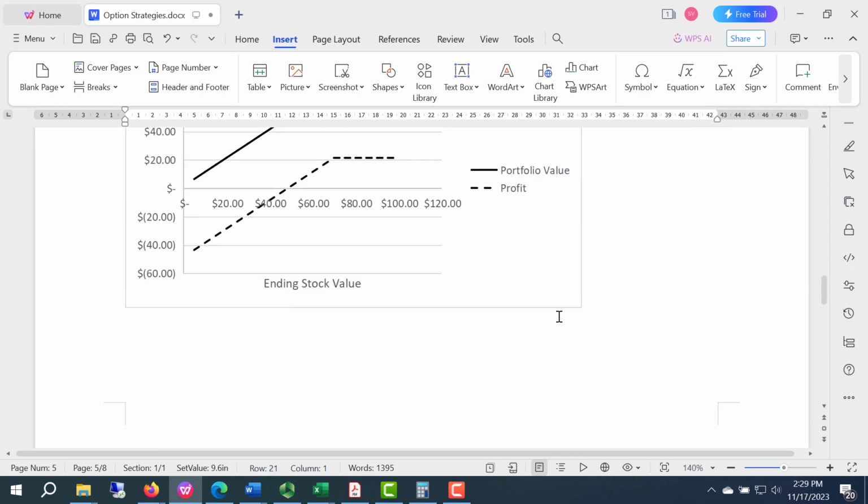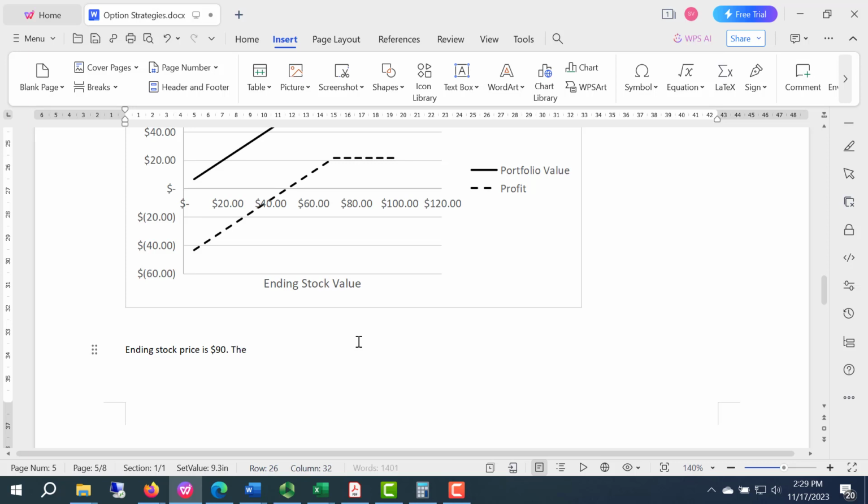Let's do a little example of calculating the profit from this strategy. Let's say our ending stock price is $90.